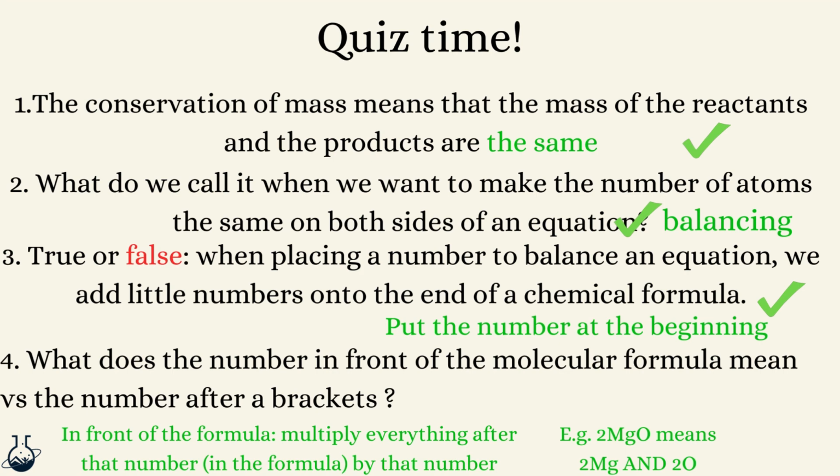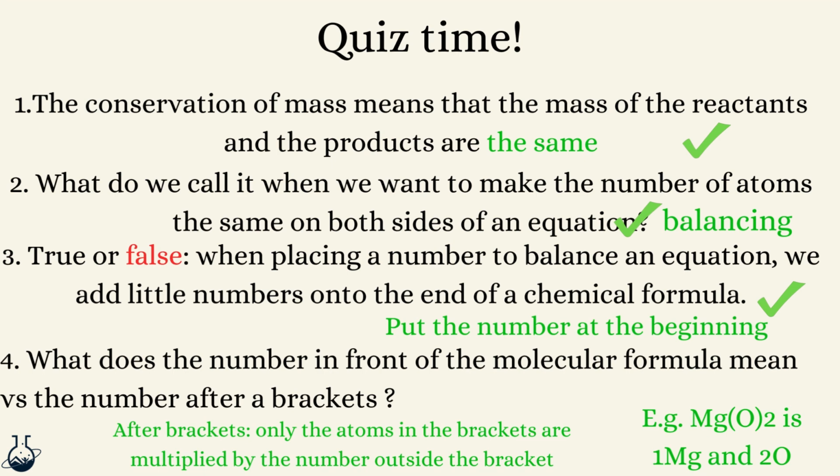For example, 2MgO means 2Mg and 2O. After the brackets, only the atoms in the brackets are multiplied by the number outside the brackets. For example, Mg brackets O and 2 is 1Mg and 2O.